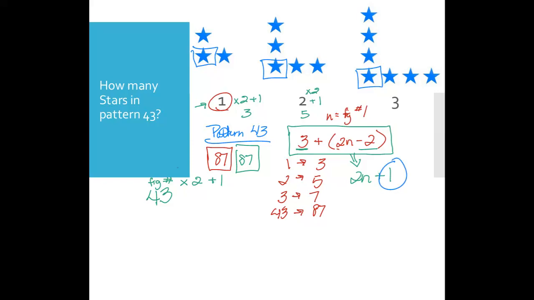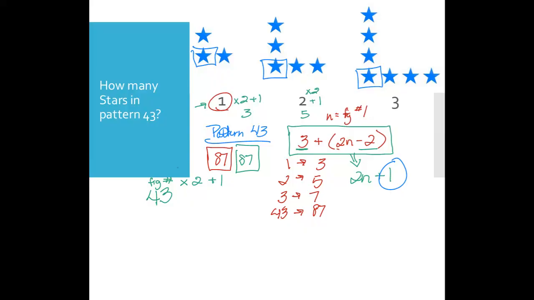And then when you say 2 times n, you've got a row over here and a column over here that is, in each case, 2 different lines with 1 each, which is your figure number. So here you have 2 different lines with 2 each. So 2 times 2 plus that 1 in the corner.